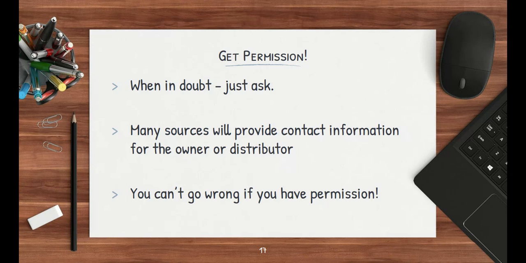So it might seem a little bit odd, but especially if you're doing something that is professional in nature or you're really trying to use some high quality sources, there are a lot of people that will let you reach out to them and get permission. And if you let them know what you're using it for, that it's for class or for academic purposes, they'll probably be all too happy to give you that opportunity.